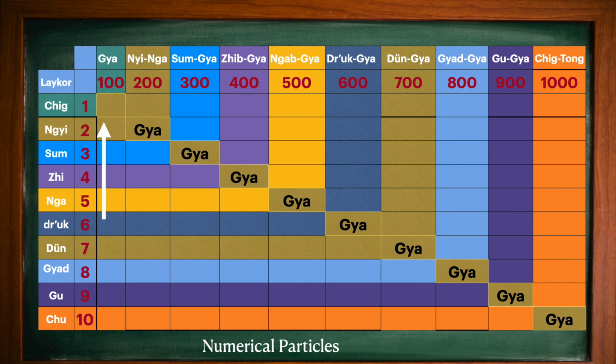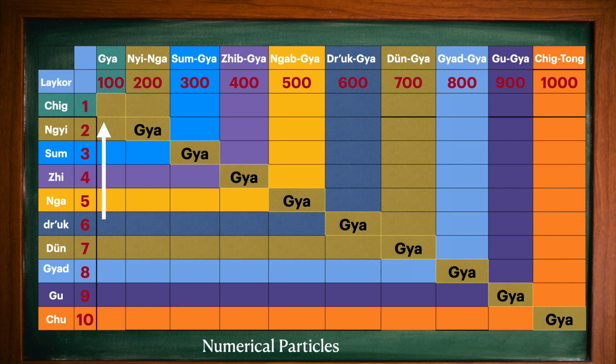You start with a particular number 1 to 9 in the first row, and add the numerical particle gya. So for example, for 300 in Tibetan, you have sum for 3 and then the numerical particle gya. So gya means 100, and we have sum gya.